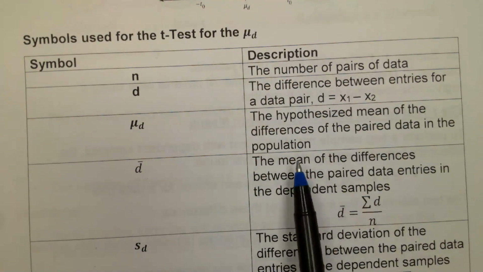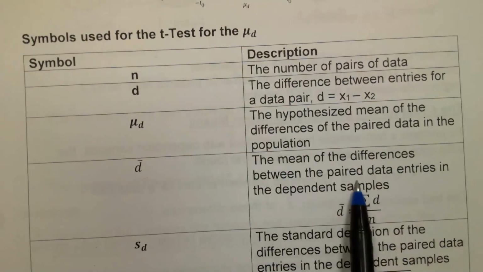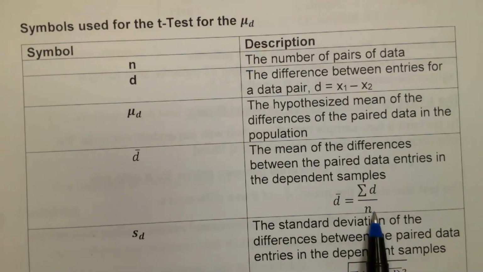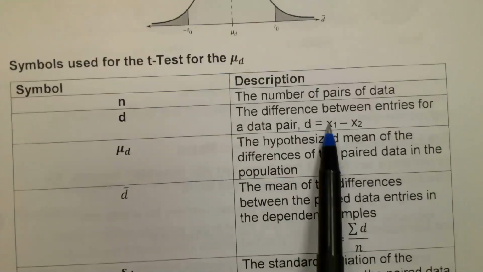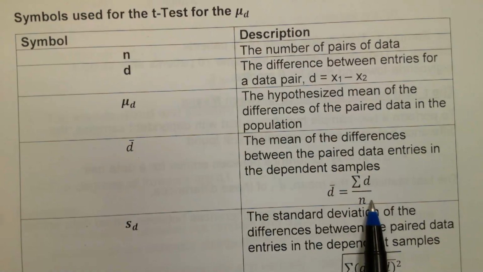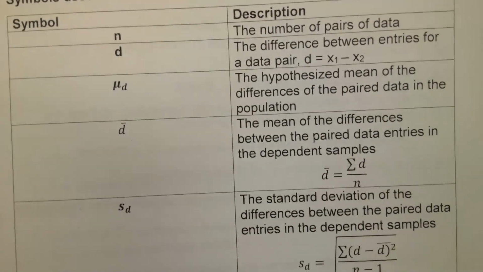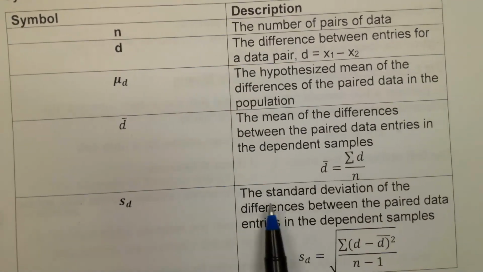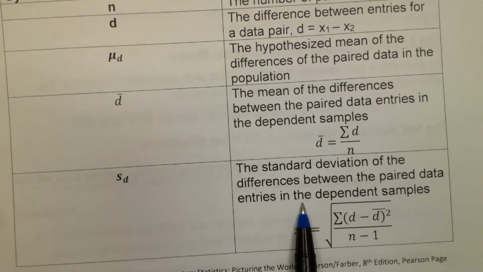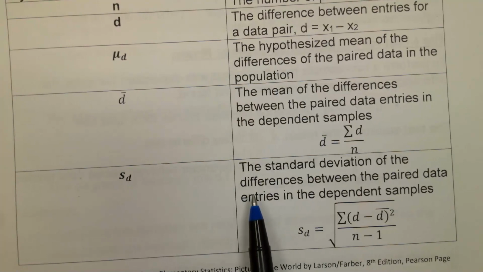And then D bar is the mean of the differences between the paired data entries in the dependent samples. And this is how we're going to calculate it: the sum of the differences divided by n. Remember, those are paired data sets. And then we have this symbol here, s sub d, the standard deviation of the differences between the paired data entries in the dependent samples.